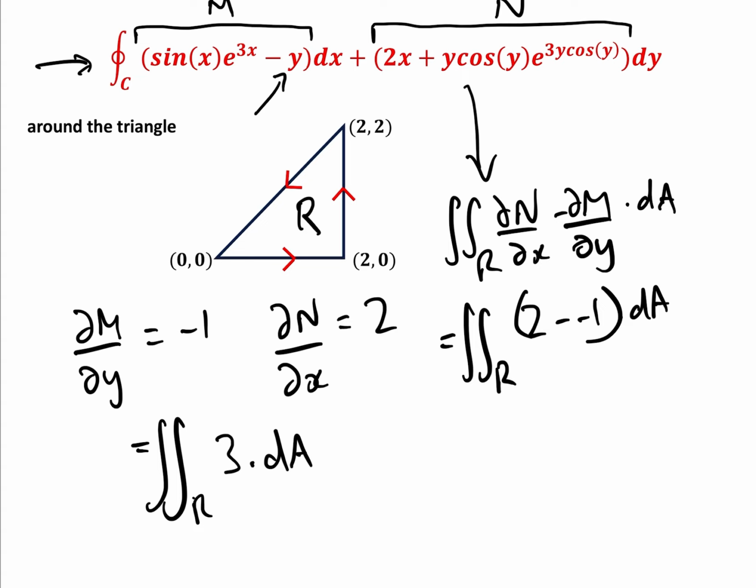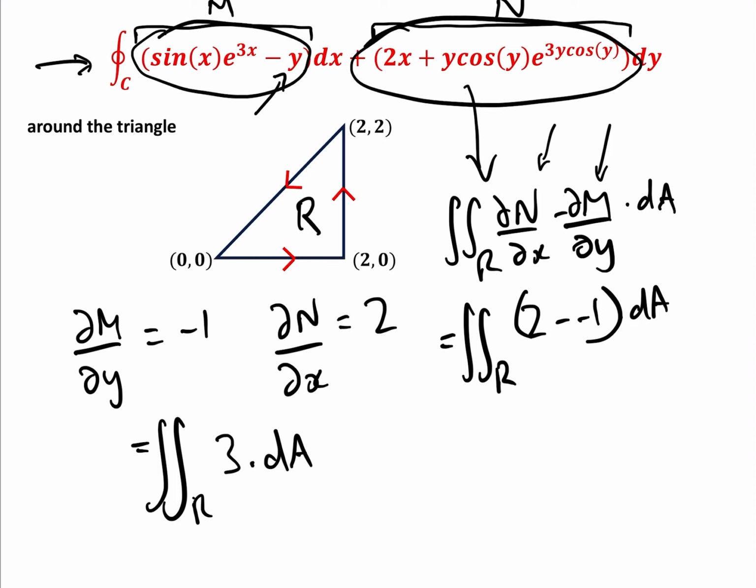Because the partial derivatives of N and M are so simple, even though the functions are horrendously difficult to integrate, we end up with a very simple integral indeed, which we don't even have to do in a formal way.